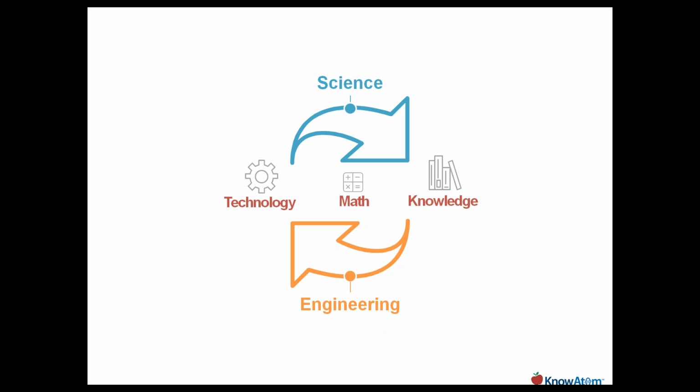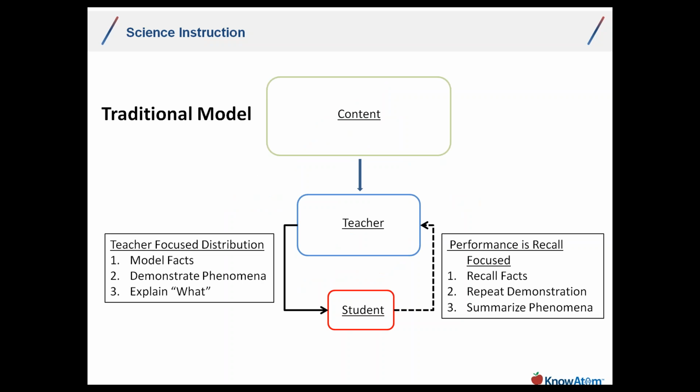And this is really a foundational shift for a lot of educators, because this is not how our schools of education teach teachers, or specifically science teachers, or elementary generalists or others, about science. The mode of instruction for science that everybody is taught really follows a traditional model.